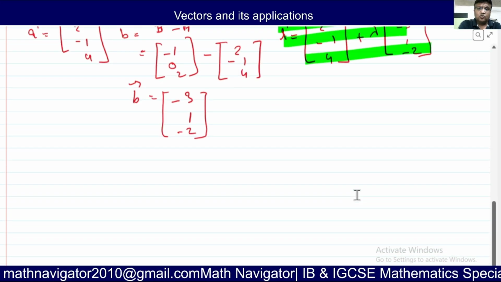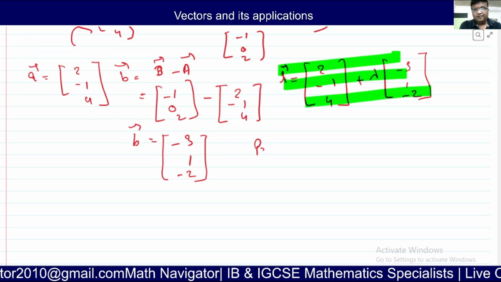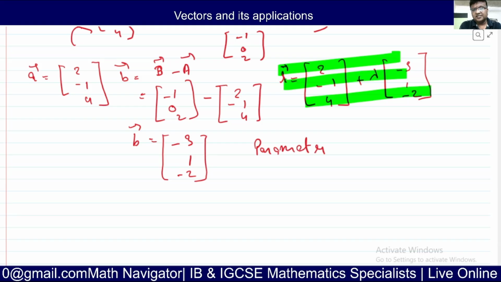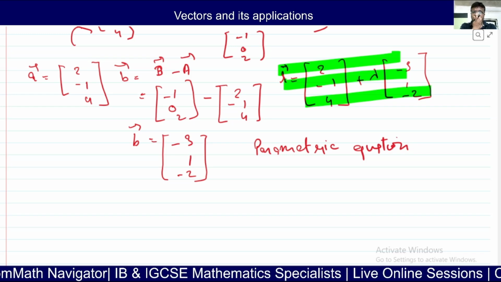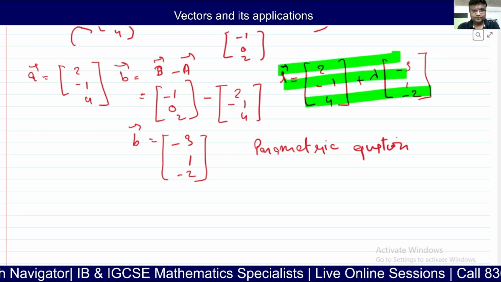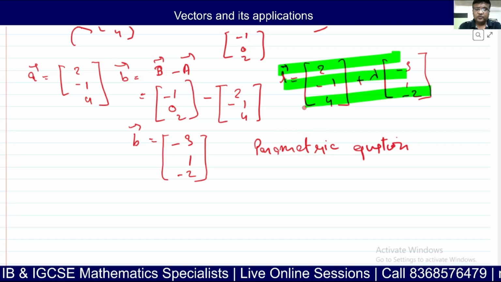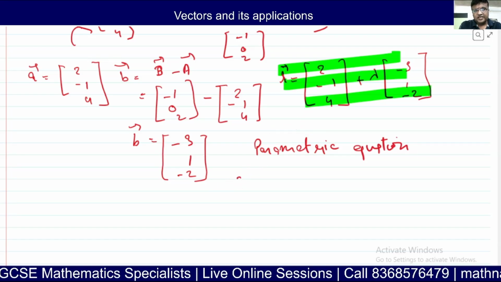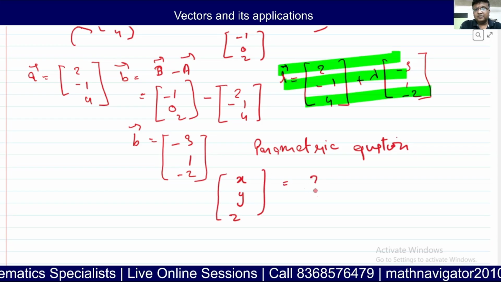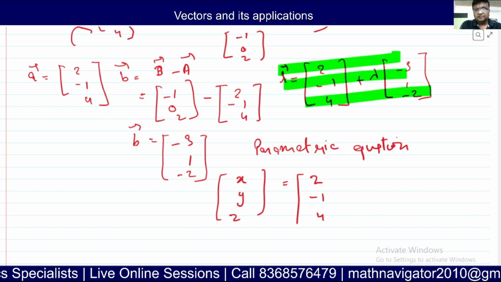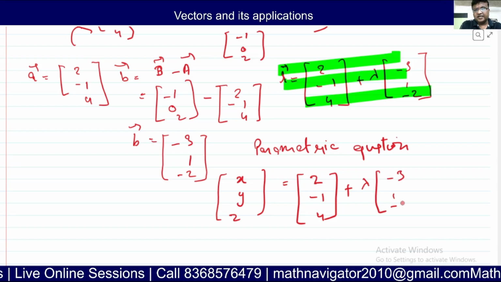Now we'll talk about what a parametric equation is. A parametric equation is an equation in terms of some parameter. To find it, we just put (x, y, z) equal to (2, -1, 4) plus lambda times (-3, 1, -2).